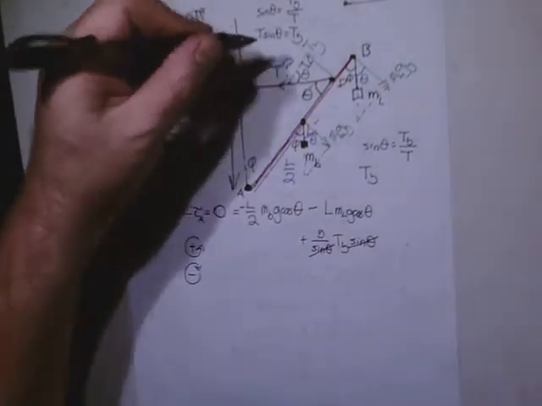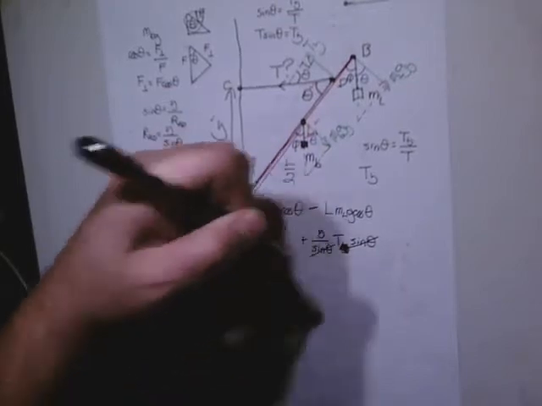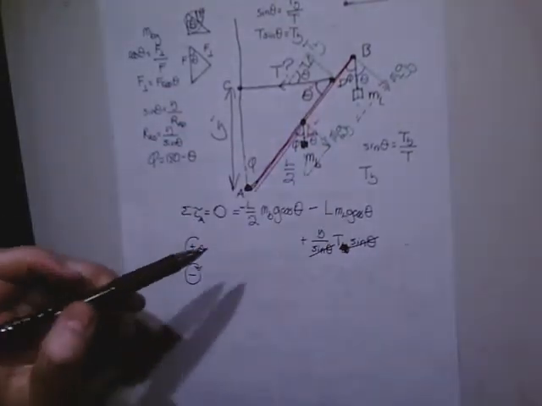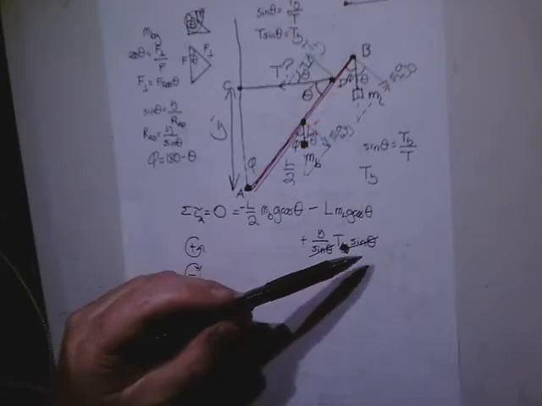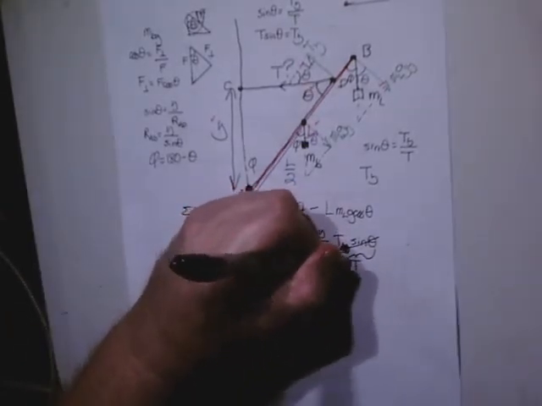Oh wait, hold on. I already did it. That's not a Ty, that's a T. The Ty is T sine theta. So there it goes. I've already done the substitution.